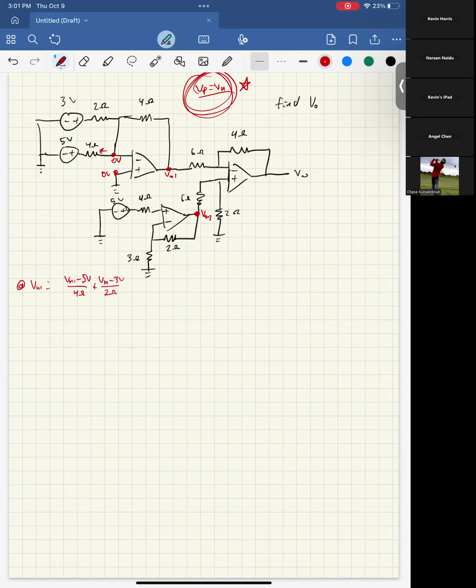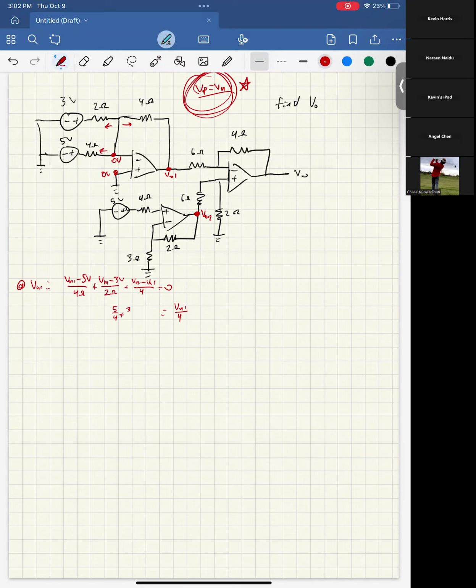And then last but not least, we have VN1 minus V out 1 over 4 ohms equals 0. And then if we solve this, plugging in 0 for what we have here, we end up with VN1 over 4 equals 5 over 4 plus 3.